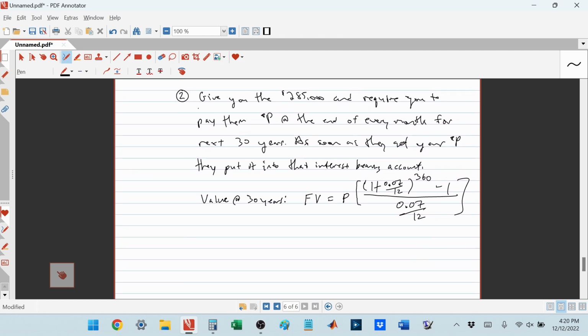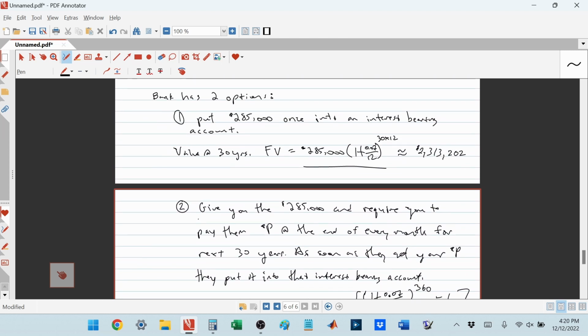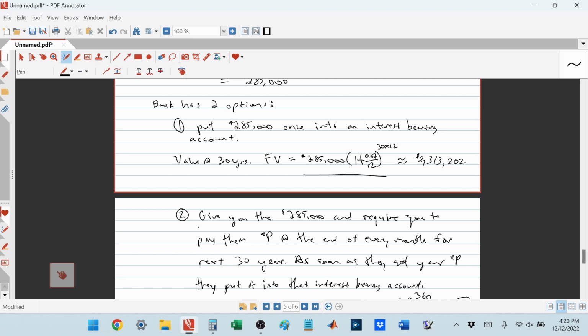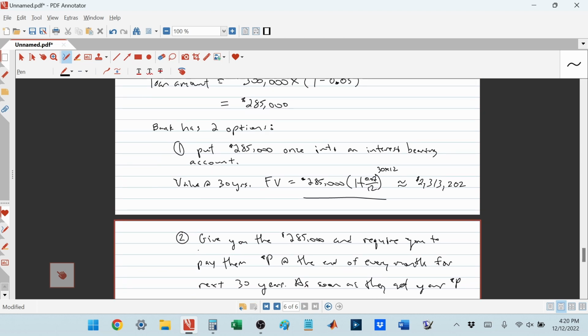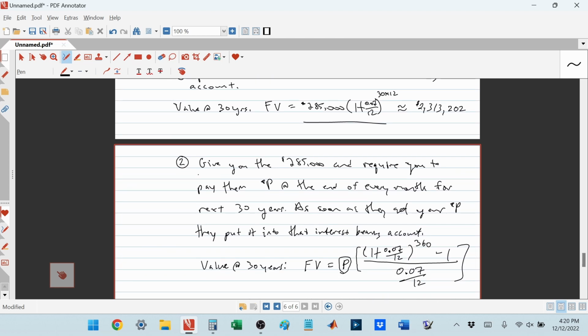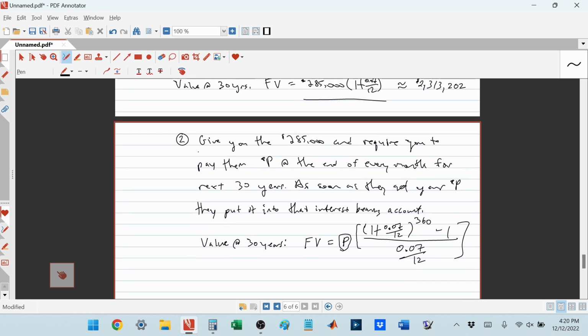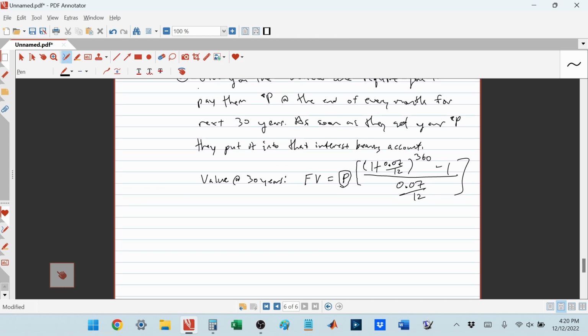So what do you think the bank is going to charge you per month if they decide to give you the money, option 2, versus don't give you the money and put this $285,000 into an interest-bearing account once, option 1? Well, obviously they're going to charge you the amount P that makes them indifferent between these two options. That is an amount P such that the ending values of both options equate.